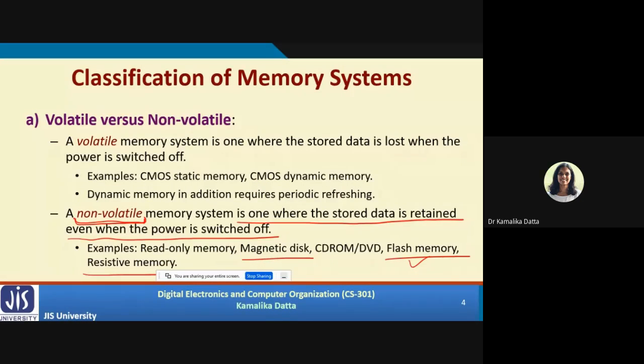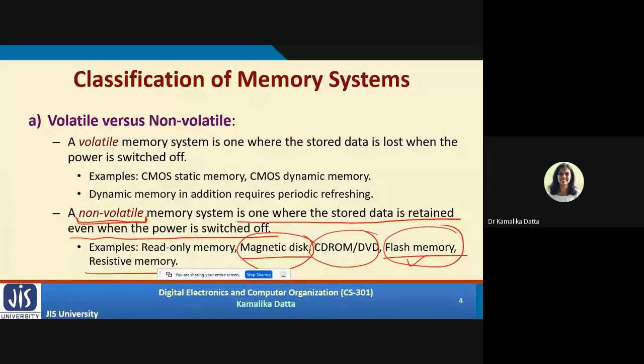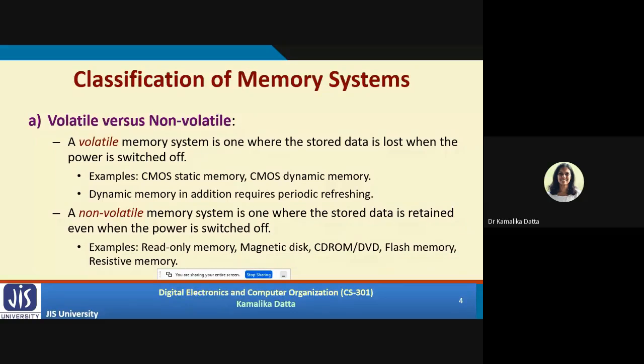So these are the different kinds of technologies that have come up over time on which non-volatile memories are built. Your disk is an example of non-volatile memory. Even if you switch off your PC, all the data that you stored earlier will remain.